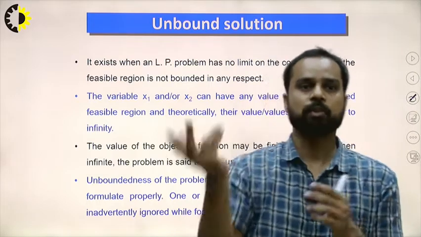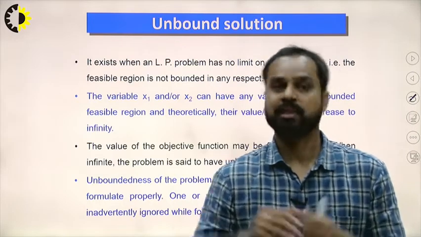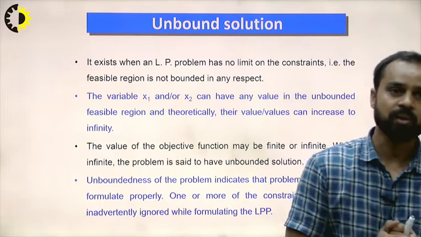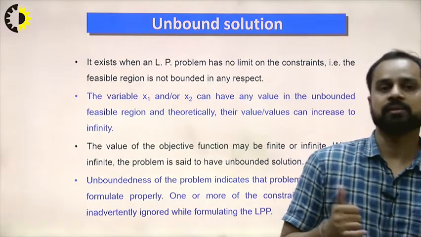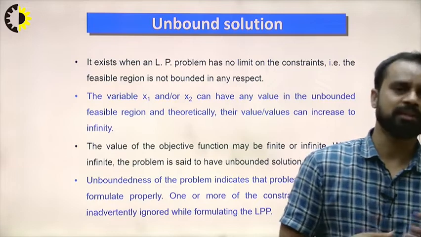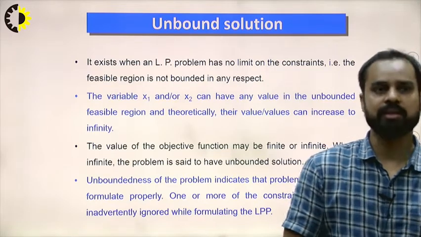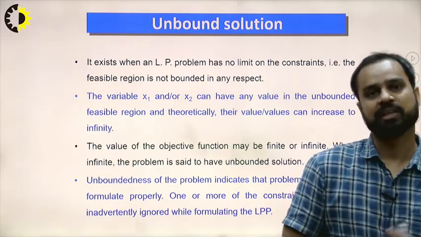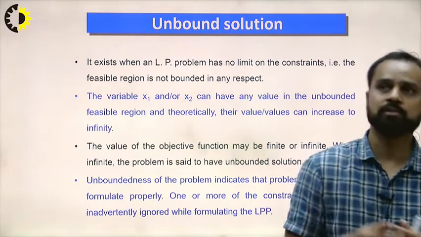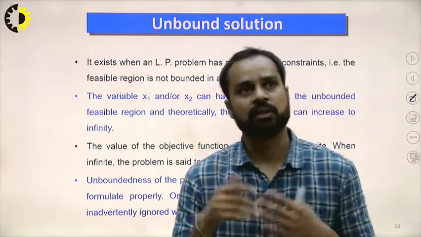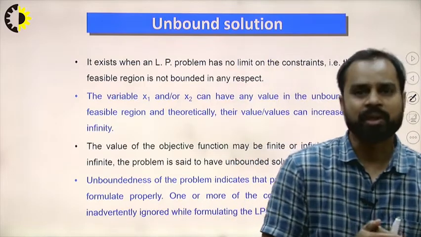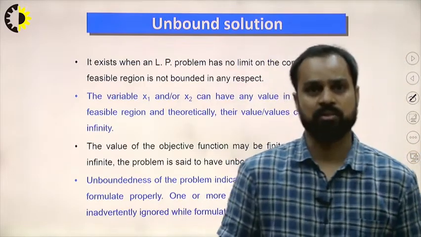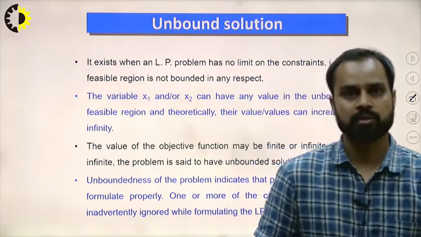If that transformation is not correct, then generally this unboundedness occurs. Generally this unboundedness is the result of a constraint having been inadvertently ignored while formulating the LPP. Whoever is transforming into mathematical form may forget about some constraint or restriction.